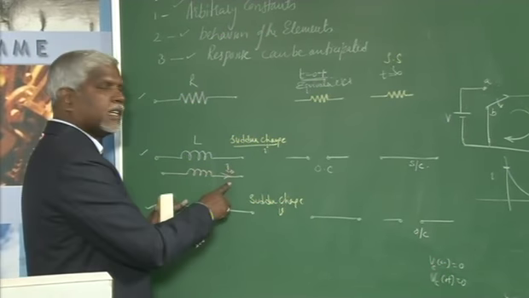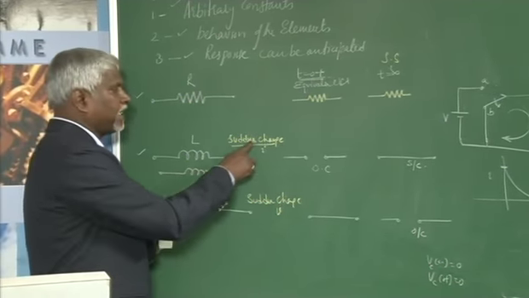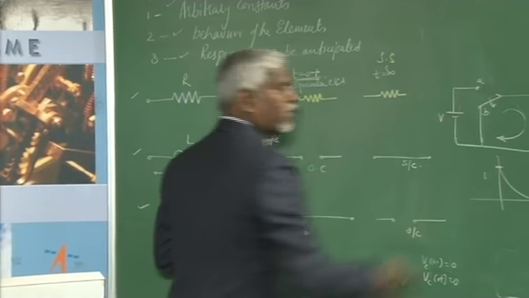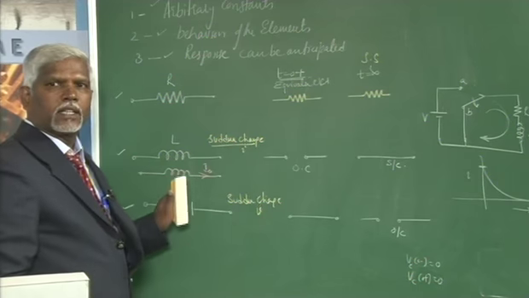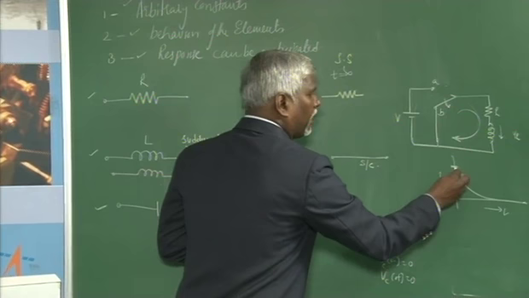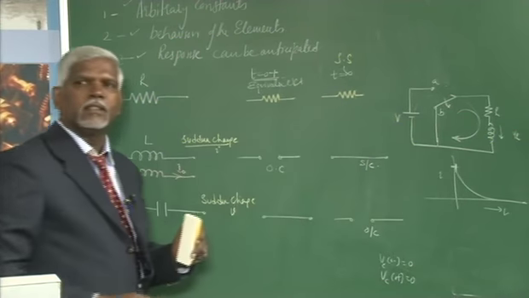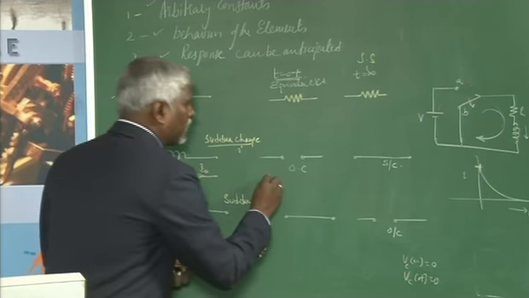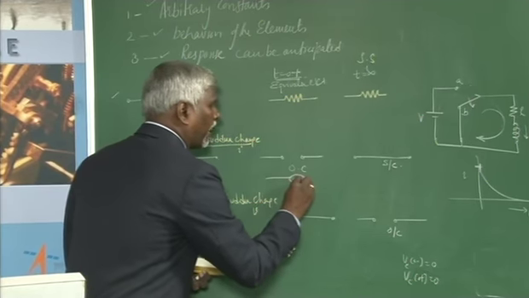So if there is an initial current, again the same thing: it does not allow any sudden change. Already at t equal to 0 minus there was a current flowing through the inductor, and it does not allow a sudden change. Immediately after the switch is closed to B, the same current will be flowing. Therefore, I need to represent this as a current source of value I naught.